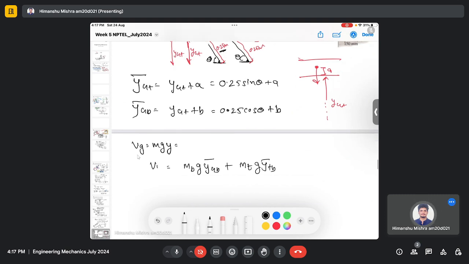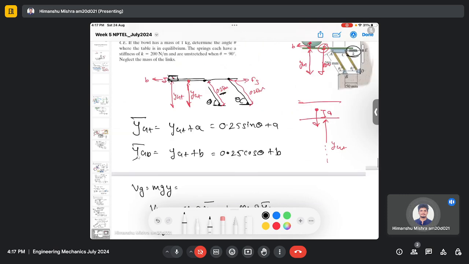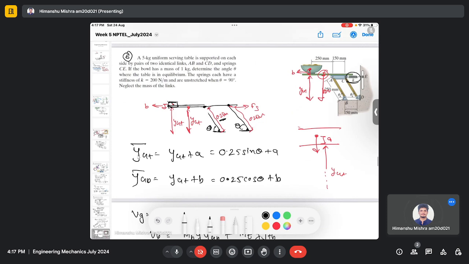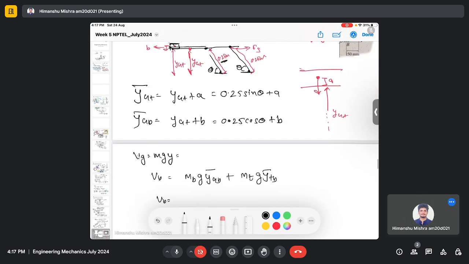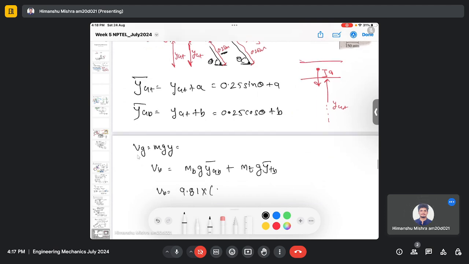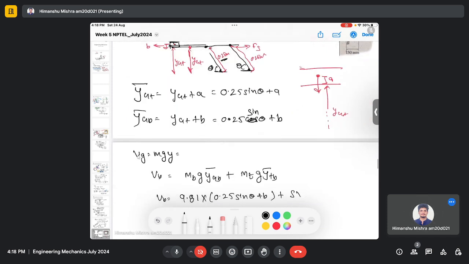So this is my total potential energy due to the gravitational field. So m_b is 1 kg, so it's 9.81 multiplied by (0.25 sine theta plus b), and the mass of the table is 5 kg multiplied by 9.81 times (0.25 sine theta plus a).